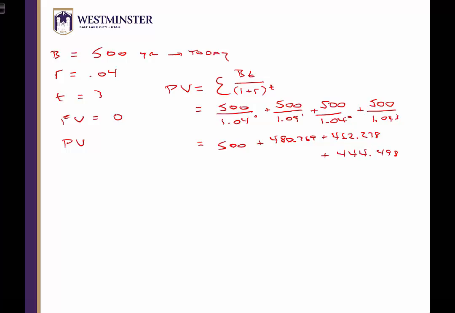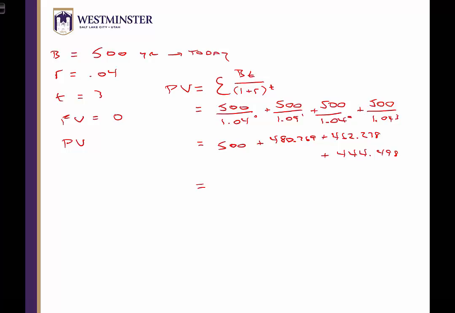And 3 years from now, the same $500 at 4% discounting, maybe that's the rate of inflation, is only worth $444.50. So the same value today is smaller in each successive year. Just interesting to note that.